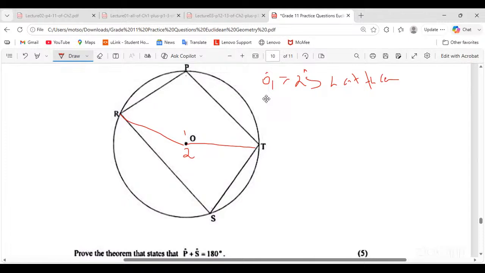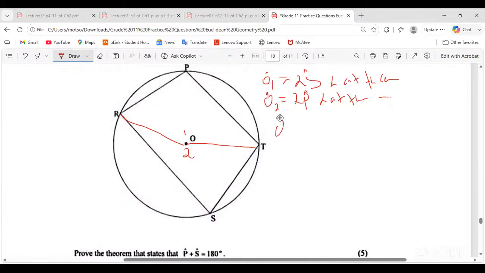Now, angle O2 at the center, 2 times the angle at the circumference, is equal to 2 times P. What is the reason? Angle at the center is 2 times the angle at the circumference. Now we have this.